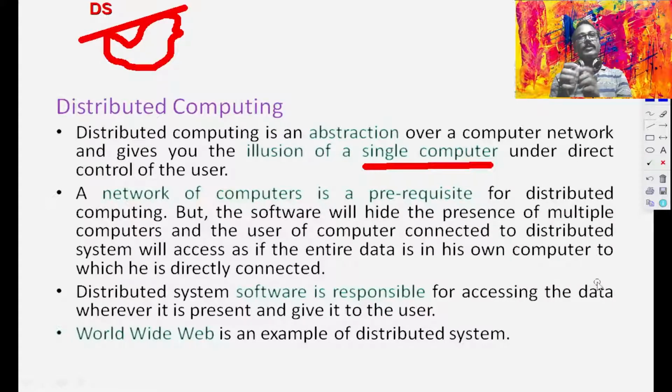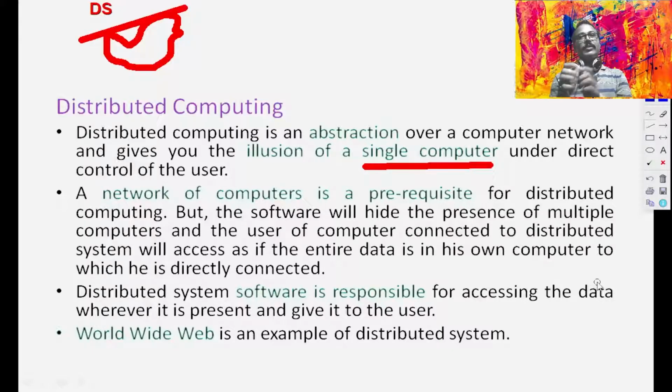Actually the information may be present in your computer, or it may be present in a computer that is available somewhere thousands of kilometers away. Maybe the computer is present in USA, and there the information is available. But you will be able to access it as if it is present in your own computer.